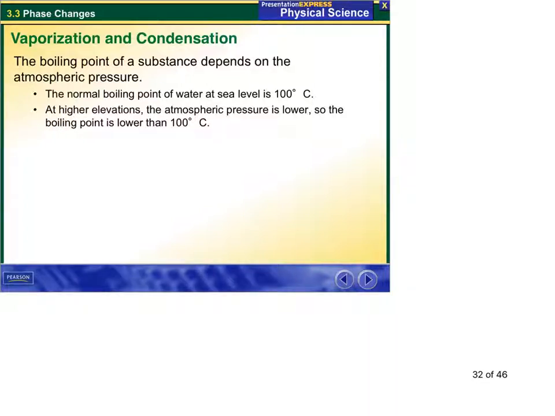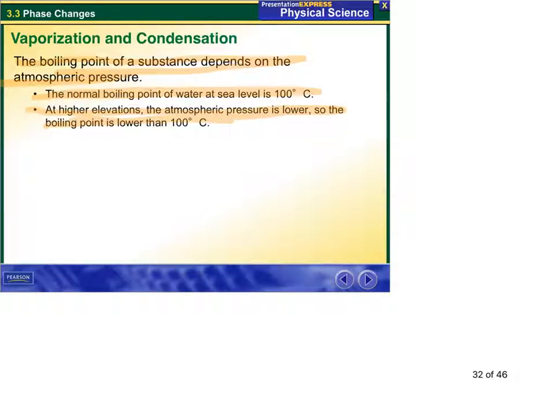Some other differences: evaporation tends to be a fairly slow process, whereas boiling tends to be a much faster process. And the boiling point depends on the atmospheric pressure. At sea level, water boils at 100 degrees Celsius. At higher elevations, the boiling point is lower than 100 degrees.